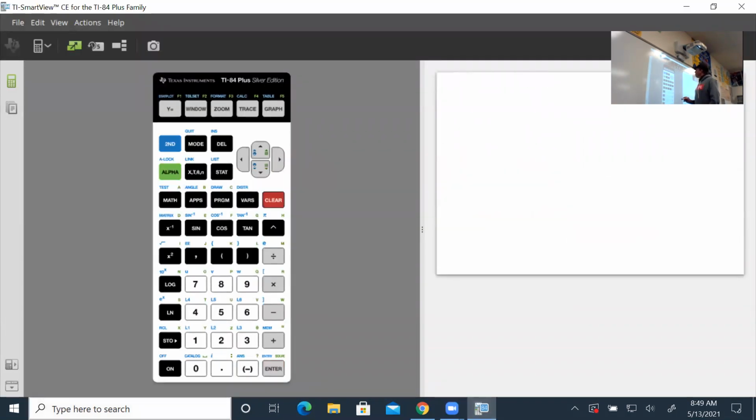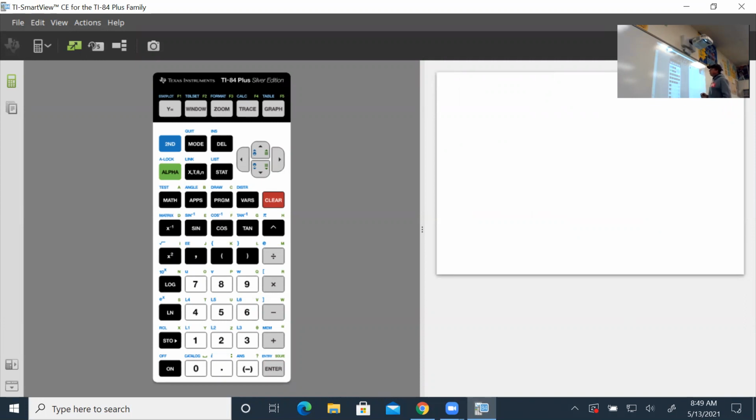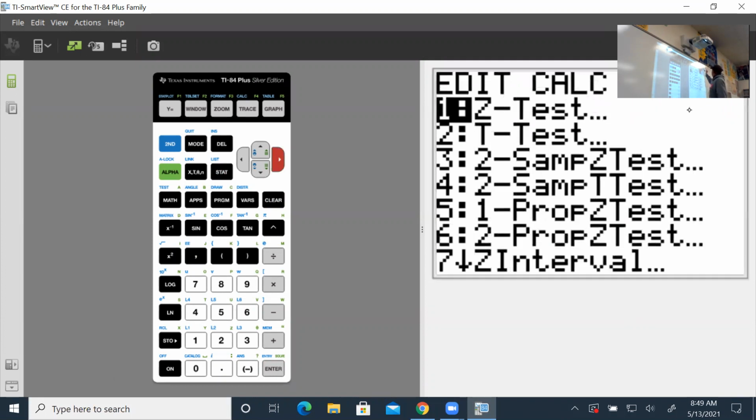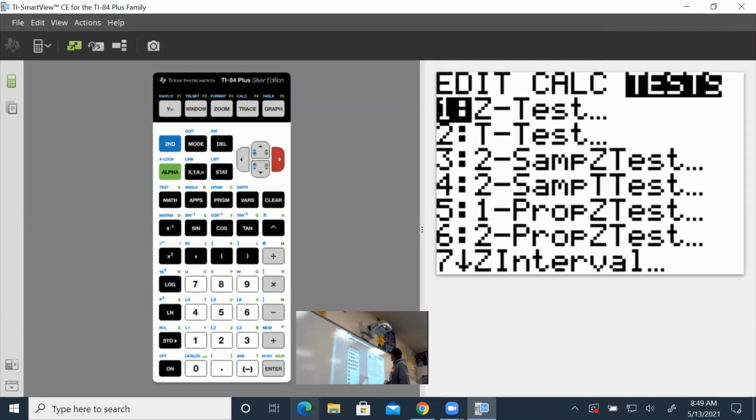So we're going to go stat and over to tests. Okay. Stat tests. All right. Now, when you do this, you're going to go down to 1-PropZInt. This is a one proportion interval.